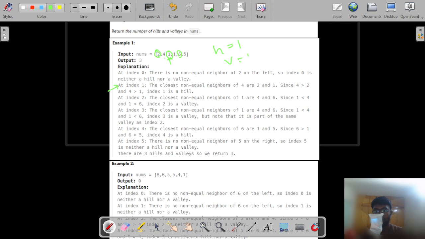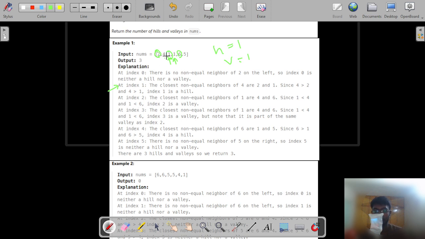So we also have a valley, and here, index 3. Let's read what the explanation has to say.